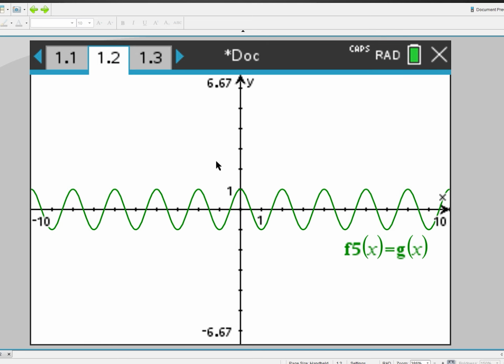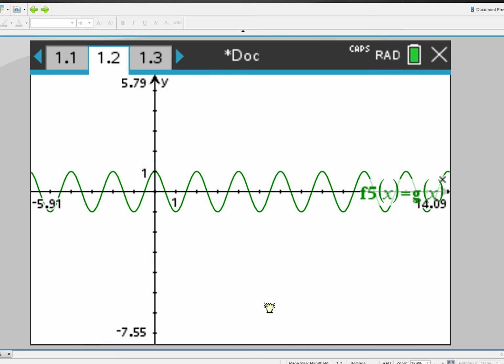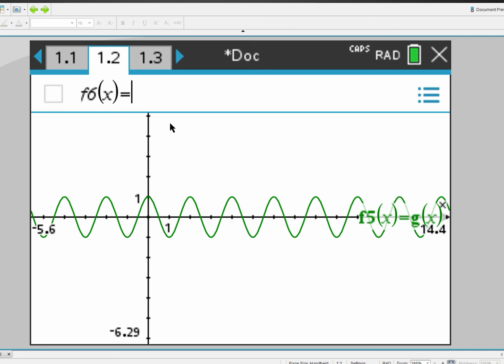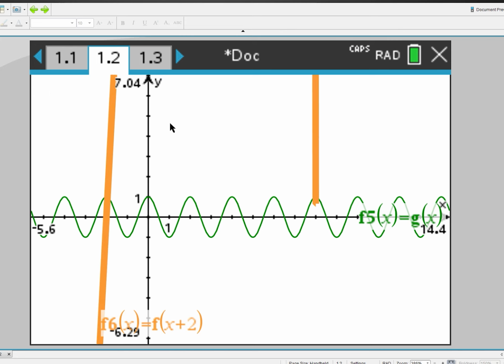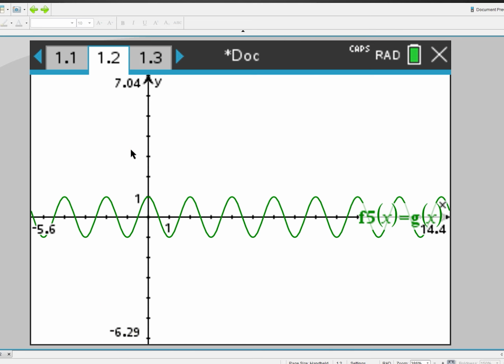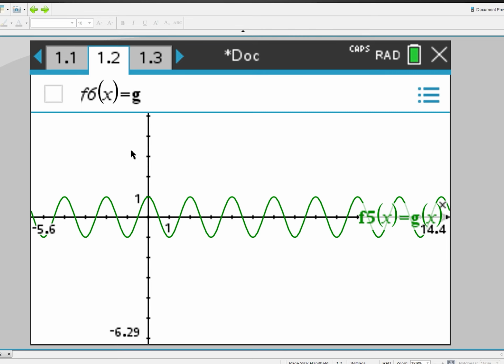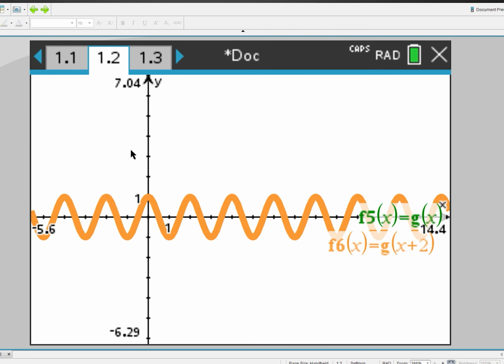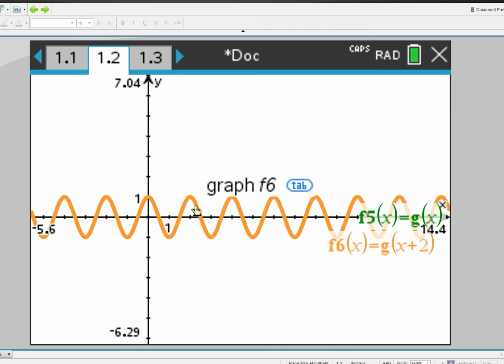Okay, there we go. Alright, so then if I were to do f of x plus 2, oh sorry, my bad, it was g of x, not f of x. Okay, delete this graph. Okay, there we go. g of x plus 2. Okay, there you go. So it sits right on top of it.